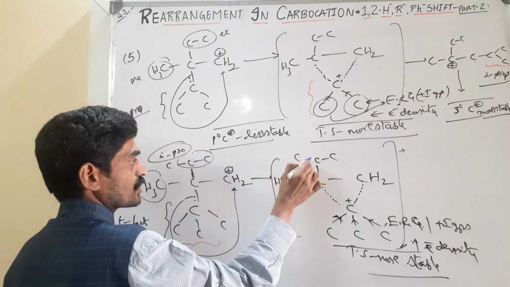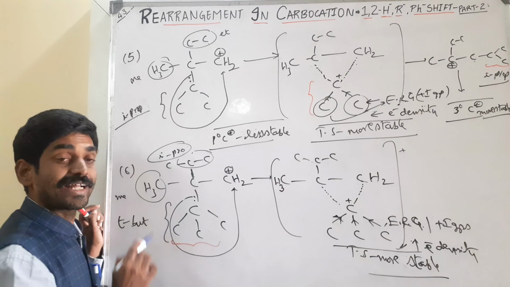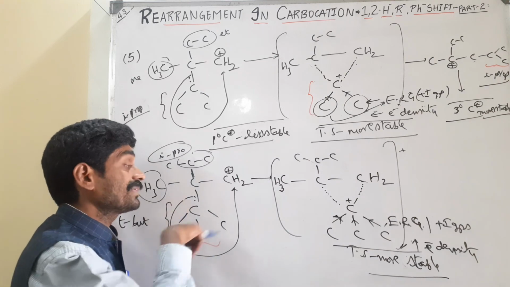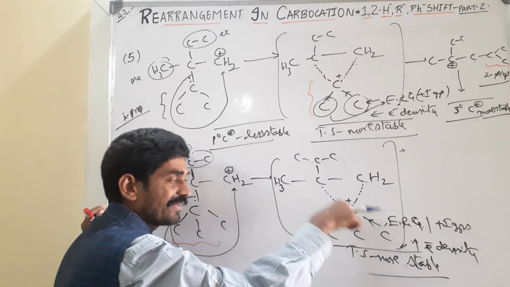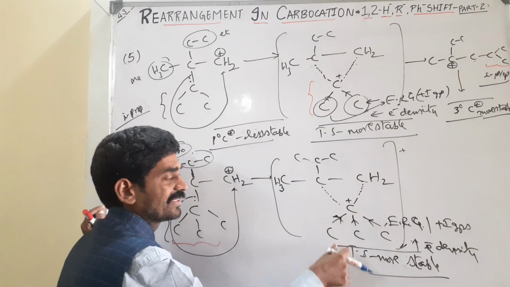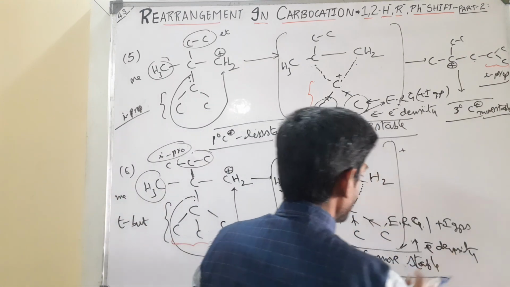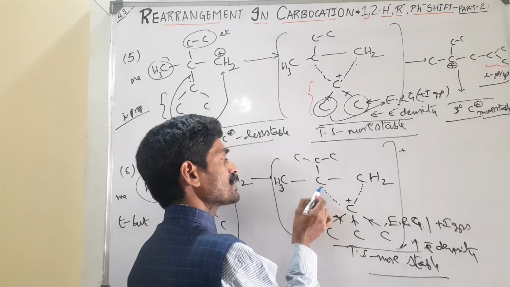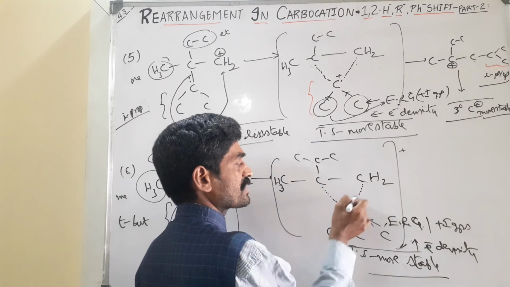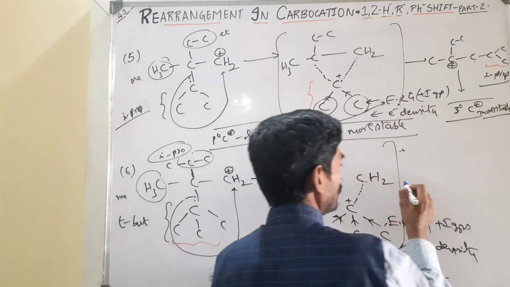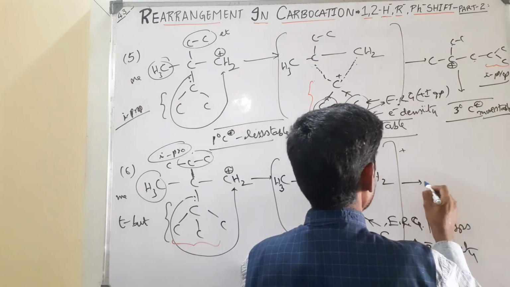So in this case also, if an isopropyl group, a methyl group and a tertiary butyl group are there, shifting of the tertiary butyl group takes place, because having 3 methyl groups increases the electron density. So after that the transition state is more stable. From that, after some time this bond is completely broken, and this bond is completely made, and we get a permanent bond. Then we get a more stable carbocation.